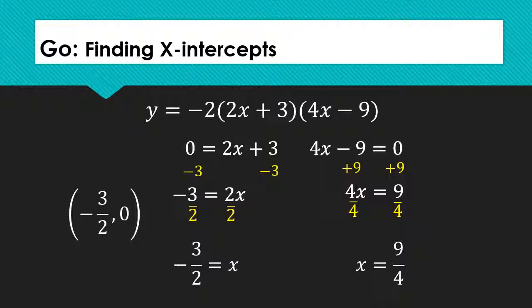Again, the numerator is that second term, the 9, and the denominator is the coefficient to the first term. Again, notice that the sign is the opposite of the second term in that original linear factor. That ordered pair for the x-intercept would be (9/4, 0). That's the second location where the function crosses the x-axis.